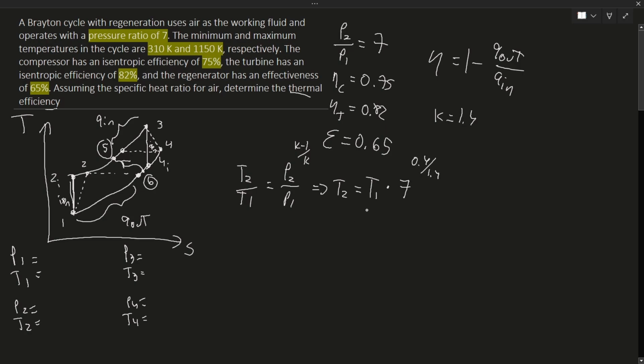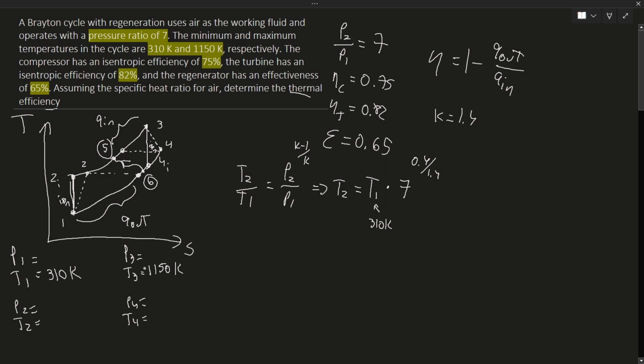T1, we're going to set this at 310 K. I forgot to explain: the minimum temperature is the point where it's lowest on the T-axis over here, so 310 K. And the maximum temperature is over here at the top, so 1150.